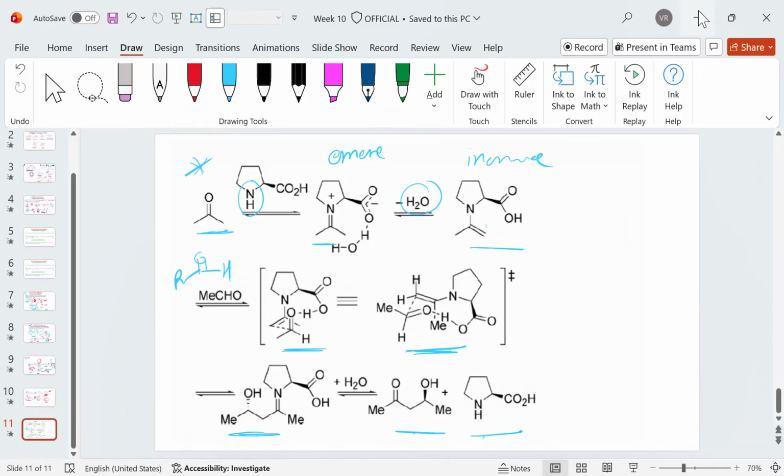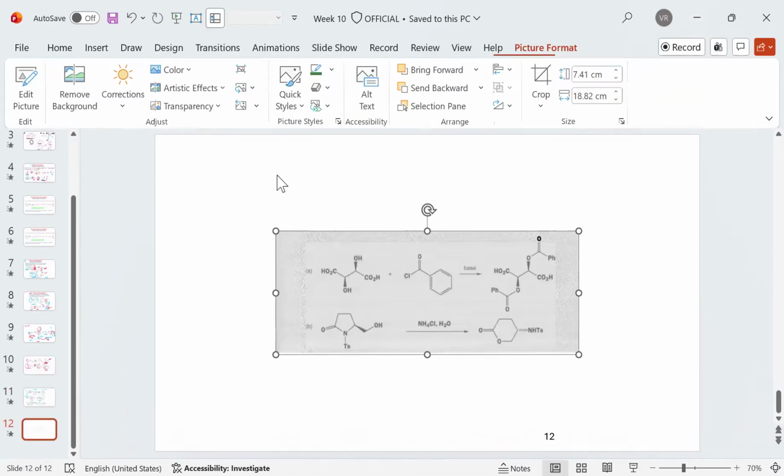This is all about asymmetric synthesis, and now we'll see some problems. So this is another problem.